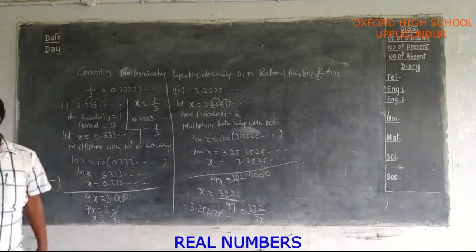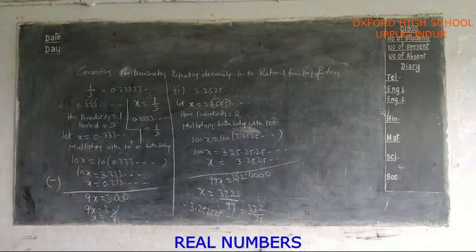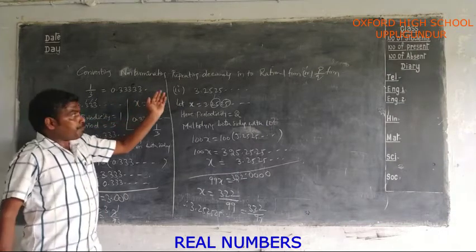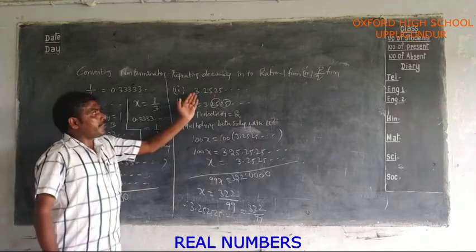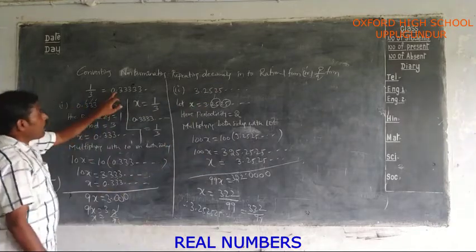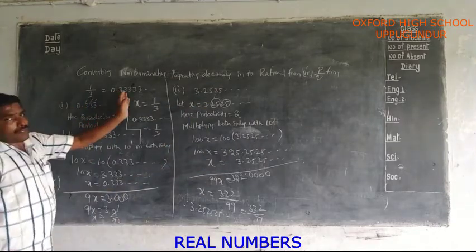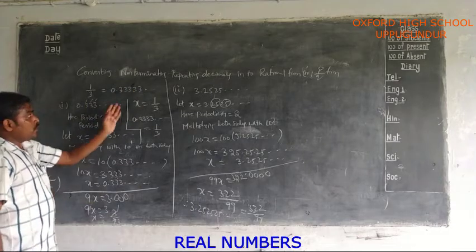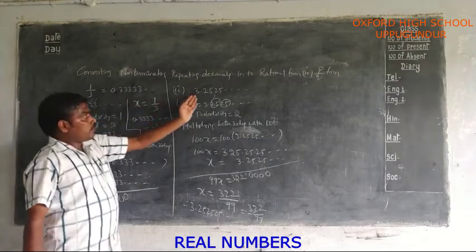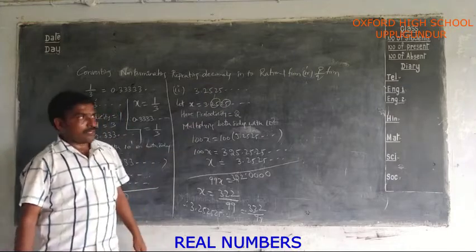Sometimes you may get mixed recurring decimals also. We call these type of decimals pure recurring decimals. Pure recurring decimals means after the point some digits are repeating. So here 3 is repeating, here 2525 is repeating.